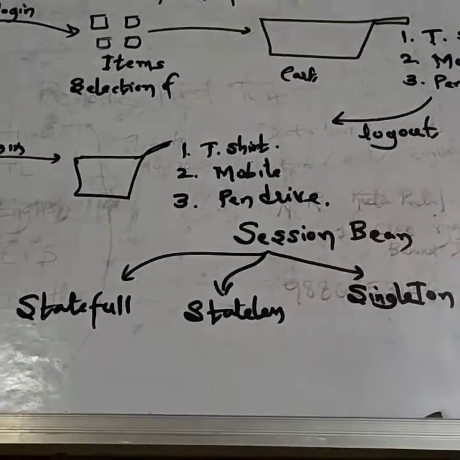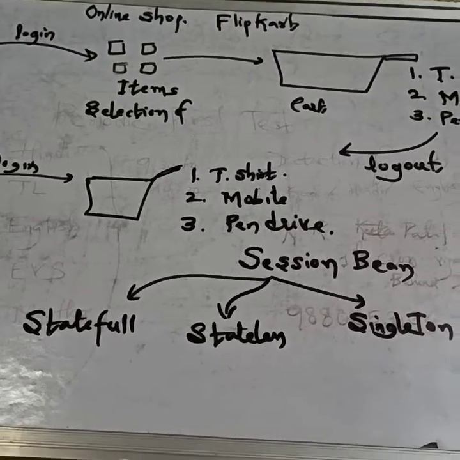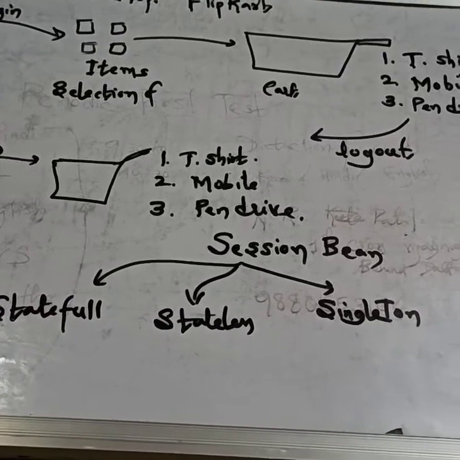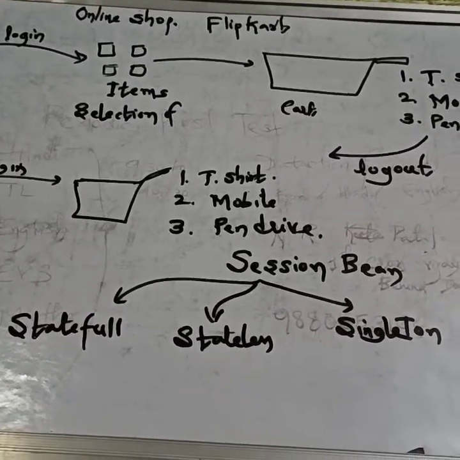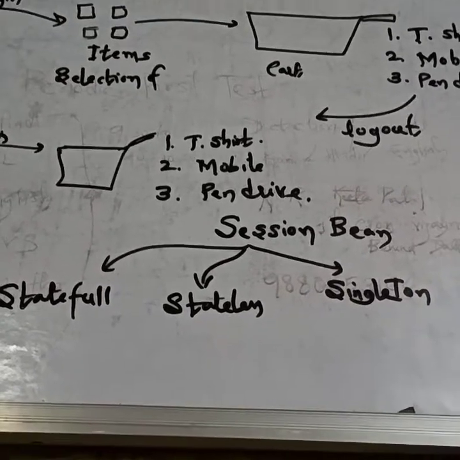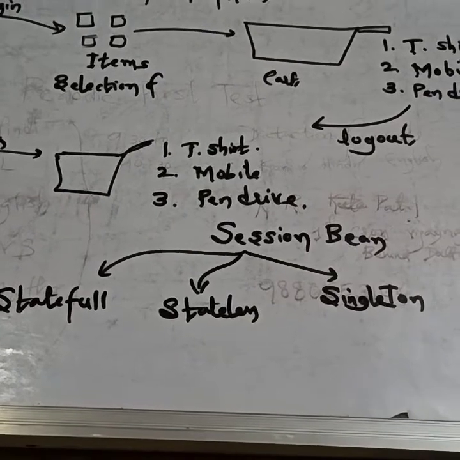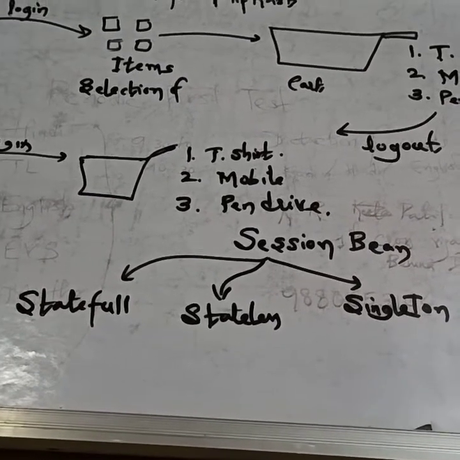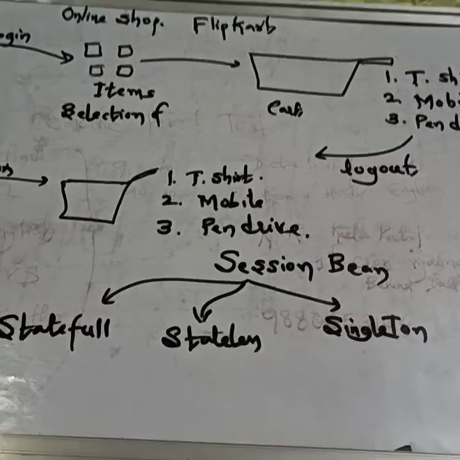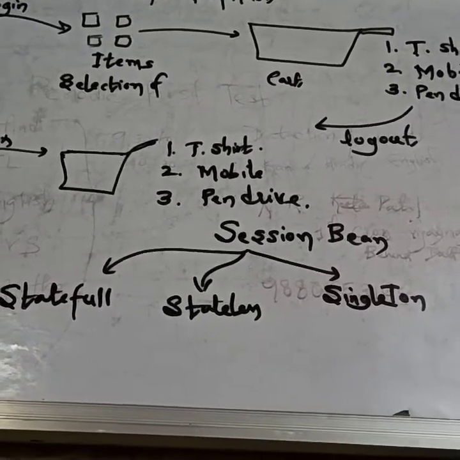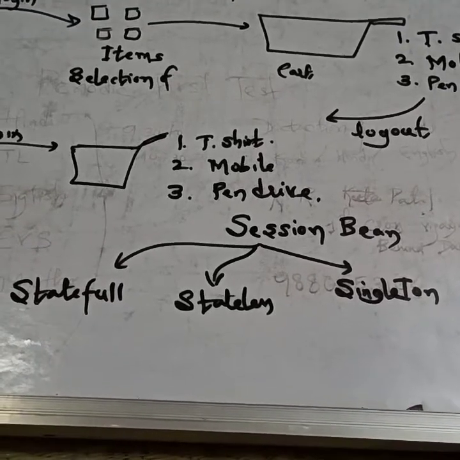Stateless, already we have seen, means it does not maintain any conversational state between a client and a server. We have seen one example, that is online purchasing, where the client adds items to the cart and without a successful purchase, they just added and came out of the online shopping .com.